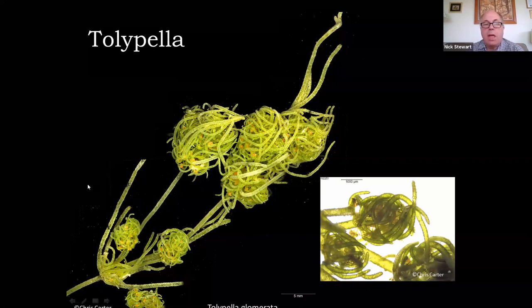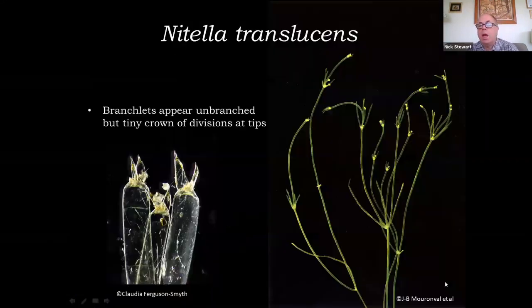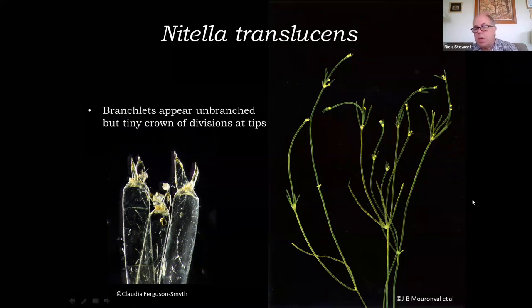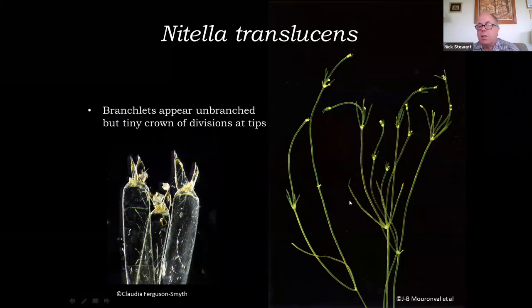The main thing to look at in all of these is the tips of the branches. We'll come to the Nitellas and Tolypellas again, but at this point I just want to bring in this one, Nitella translucens, because this one doesn't look at first glance as though it's forked.